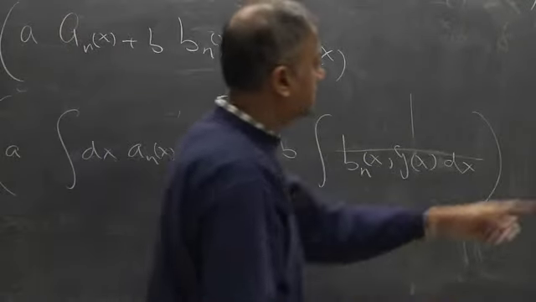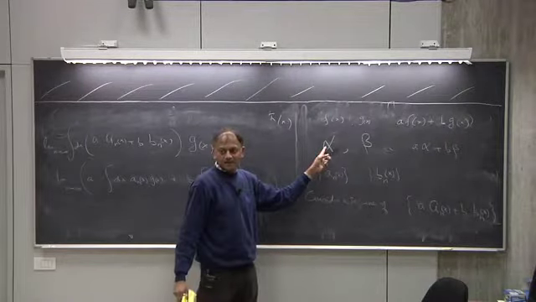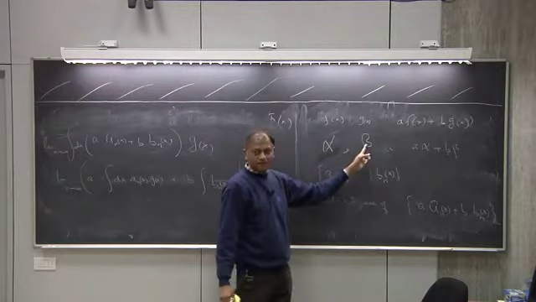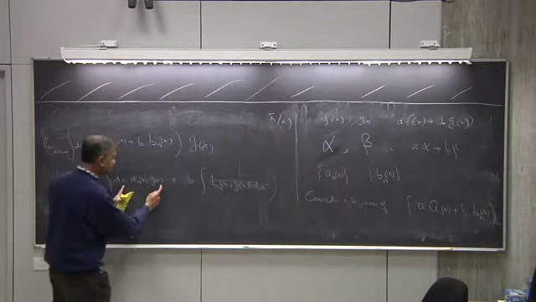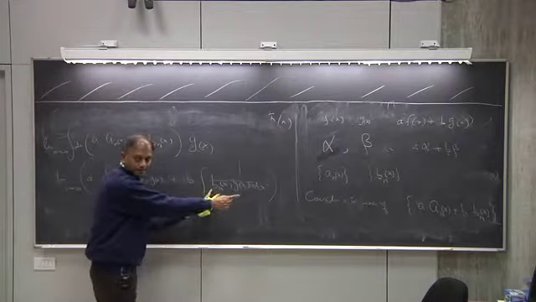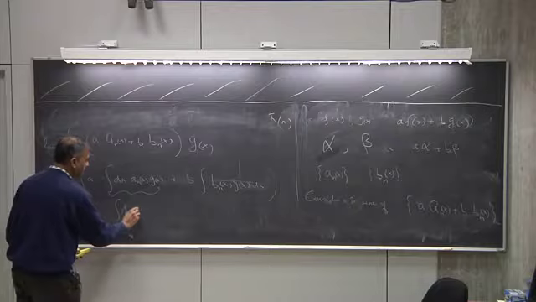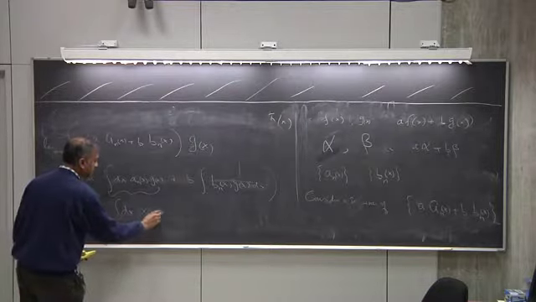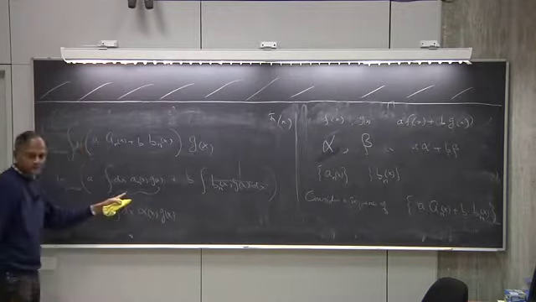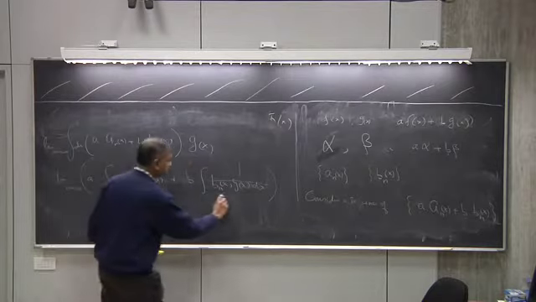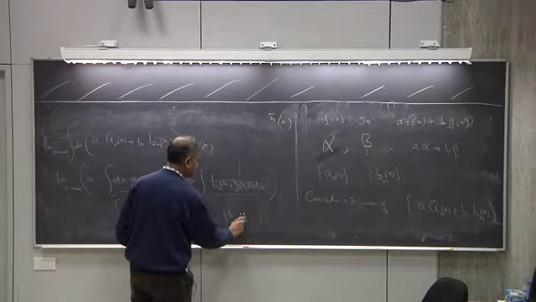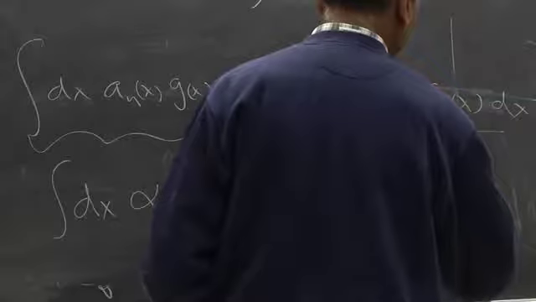Because by definition, this sequence defines a generalized function alpha, and this defines a generalized function beta. So each of these limits exists, right? And in fact, this limit is what we denote by this notation: the integral of β(x) g(x) dx.